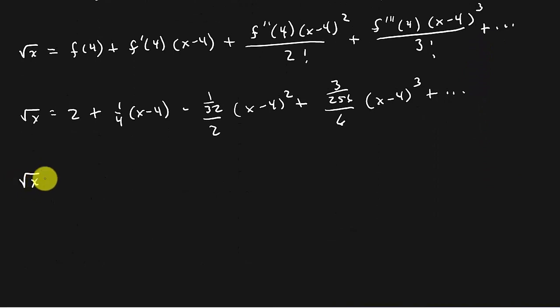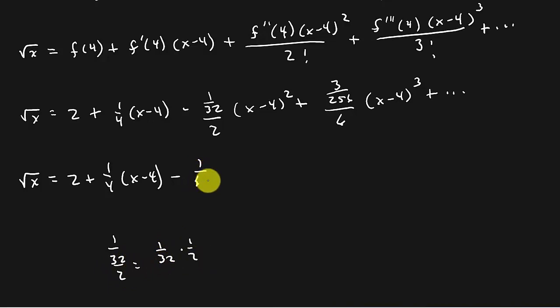And so now I get the square root of x is 2 plus 1/4 times x minus 4 minus 1 over 32 divided by 2. Now remember, 1 over 32 divided by 2 is the same thing as 1 over 32 times a half.